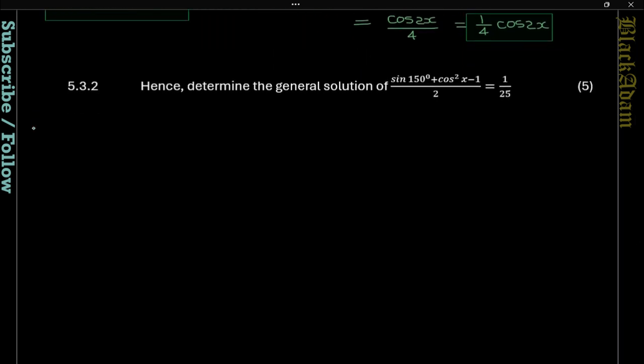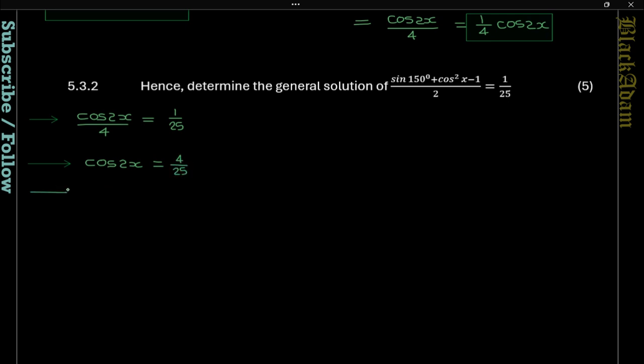And then what we do in 5.2.1, we need to find the equivalent of that expression if it is equal to 1/25. So cos 2x over 4 is equal to 1/25. And then to get rid of the 4, we multiply by 4/1 on both sides. So that means we're going to have cos 2x is equal to 4/25.